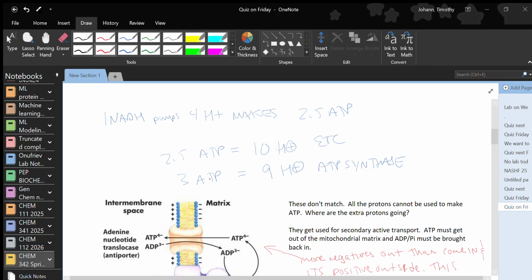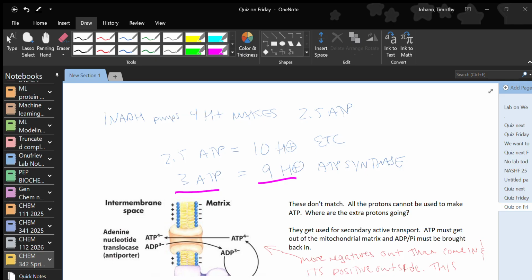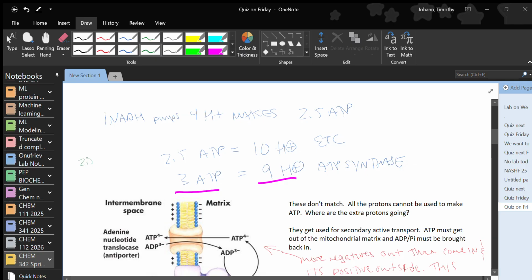But we're comparing that to 3 ATP and 9. Does that make sense? Let's do it like this. So if we have 2.5 gives me 10, how many would 3 give me? 30 divided by 2.5 is what?